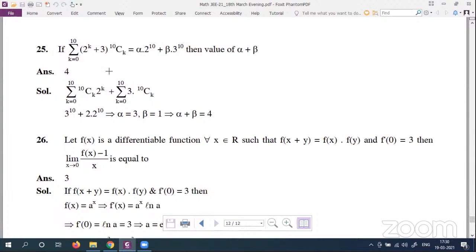It is given in terms of alpha and beta. We need to find alpha plus beta.